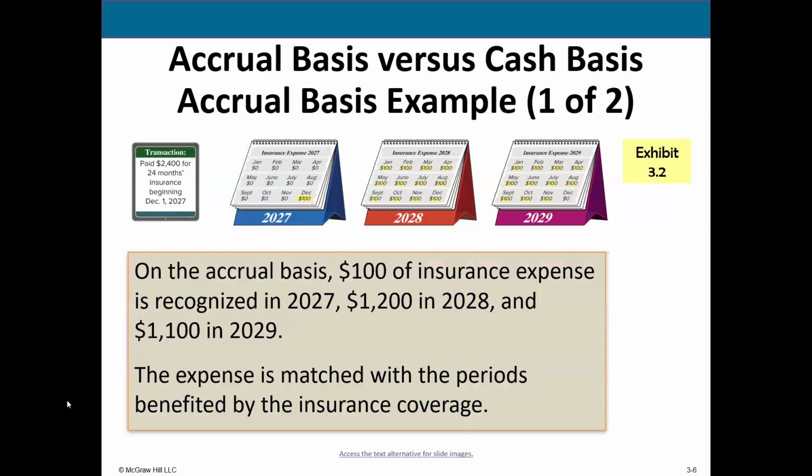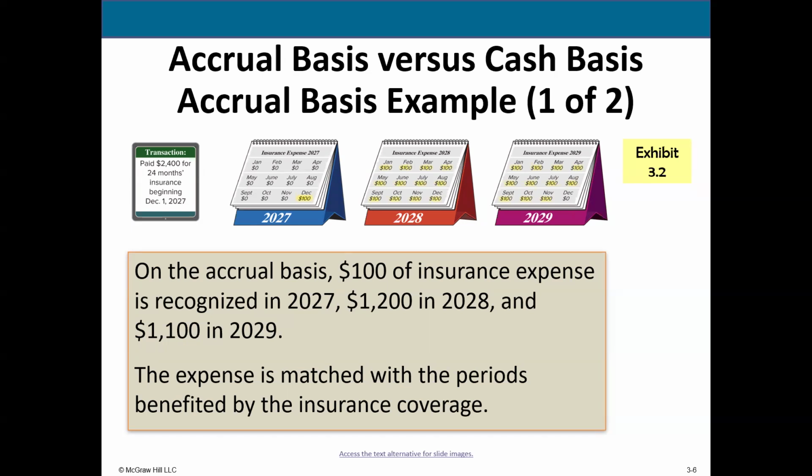I'm going to show you this example, which I love because it's very accurate. I'm going to show you the difference between accrual-based accounting and cash-based accounting using this insurance example. So I prepaid my insurance, right? I told you that I do that for my business. I do that annually.